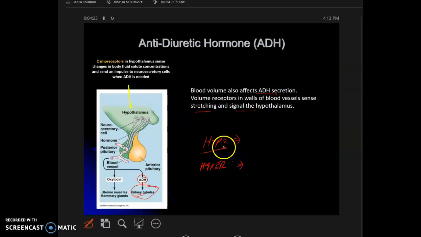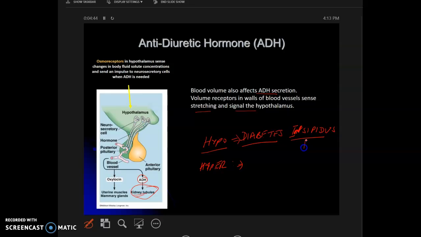So hyposecretion, you end up with what is called diabetes insipidus. It has nothing to do with sugar.